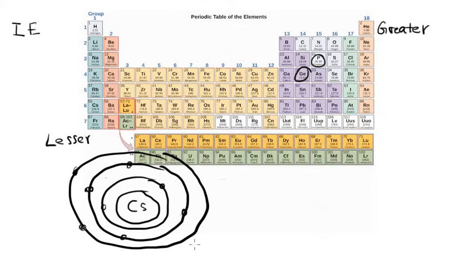And what makes this so easily ionizable is the fact that only close to the nucleus will you see the electrons attracted to it. So these electrons close to the nucleus will be attracted to it.